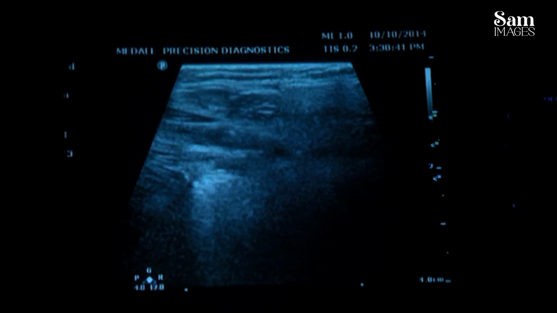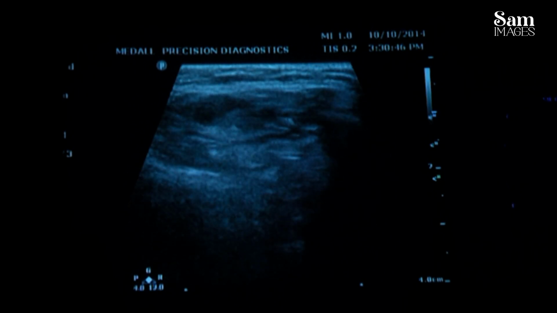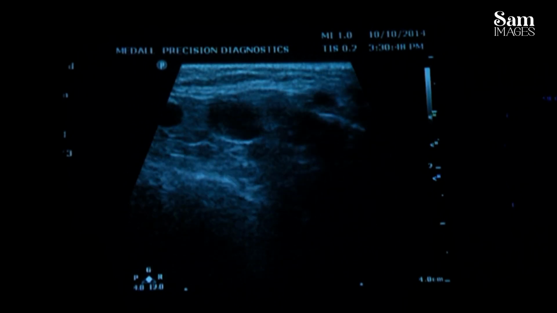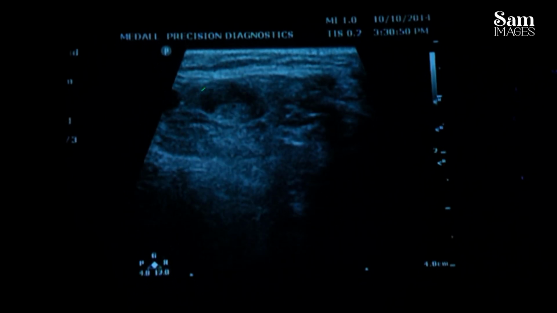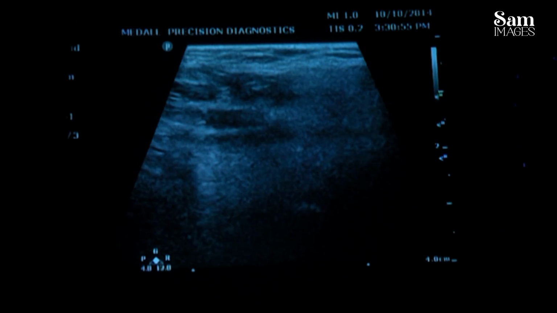And then I am going below the angle of the mandible, right? Here only. That is the submandibular lymph node. Yes, that is the submandibular lymph node. Okay. Then the fatty hilum is there.